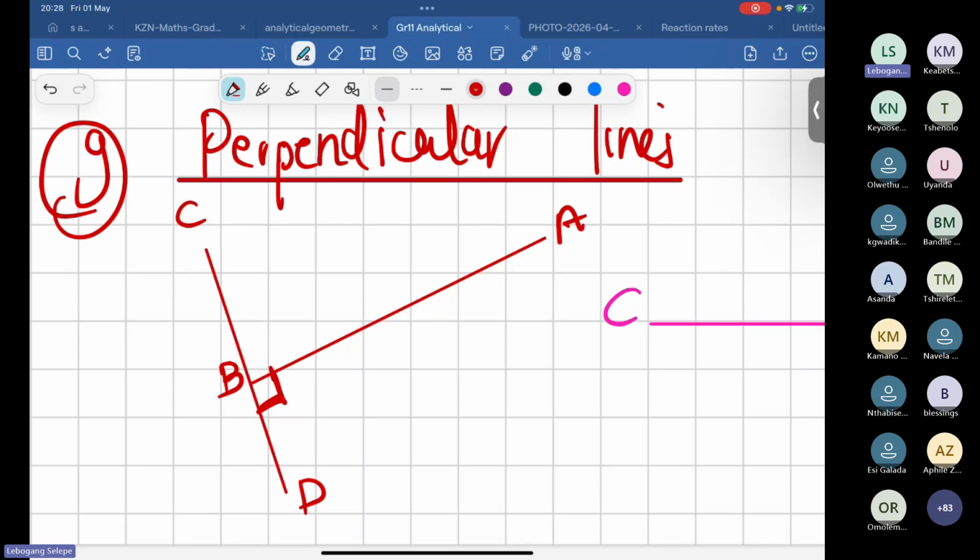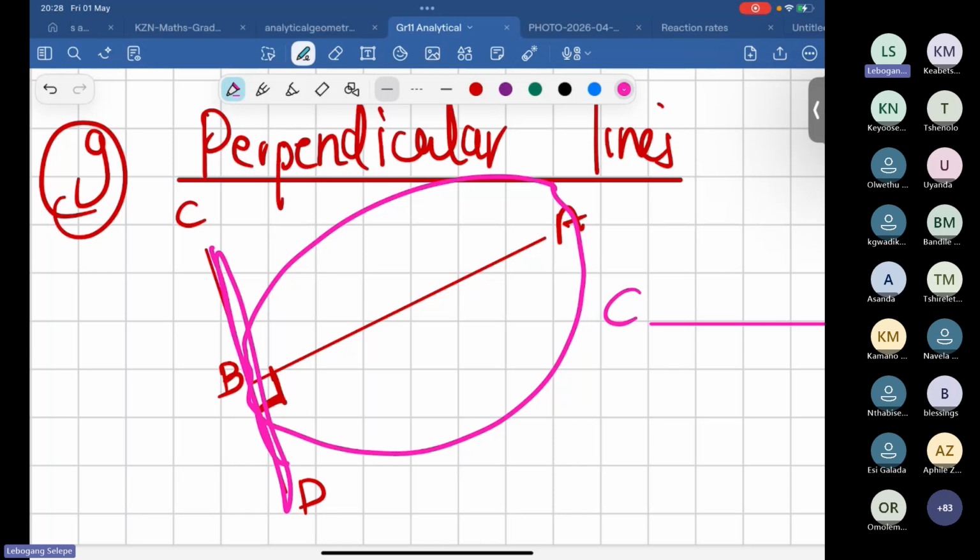Why is this very, very important? You will see when you start doing Grade 12 analytical geometry, there's a whole lot of parts around determining the equation of the tangent to the circle. If I have a circle here, and this is my tangent, you know that the tangent will always be perpendicular to the radius, or the tangent will always be perpendicular to the diameter.